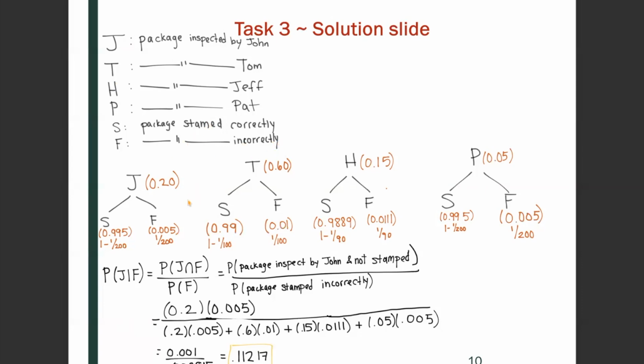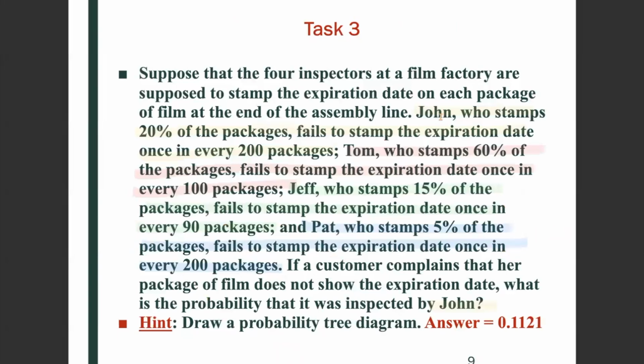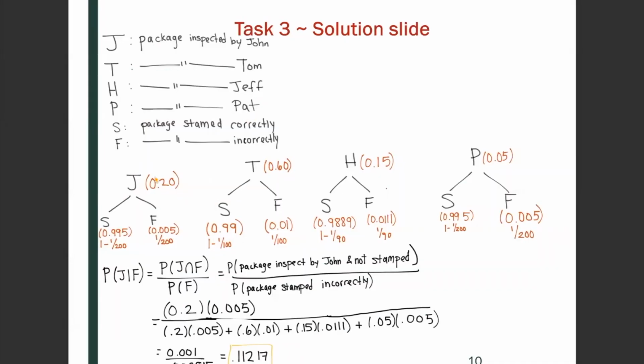Okay, so first I'm going to draw tree diagrams for what I know. Here, event J is that the package is inspected by John. From the information we were given, John stamps 20% of the packages, so here we have 20% or 0.2.